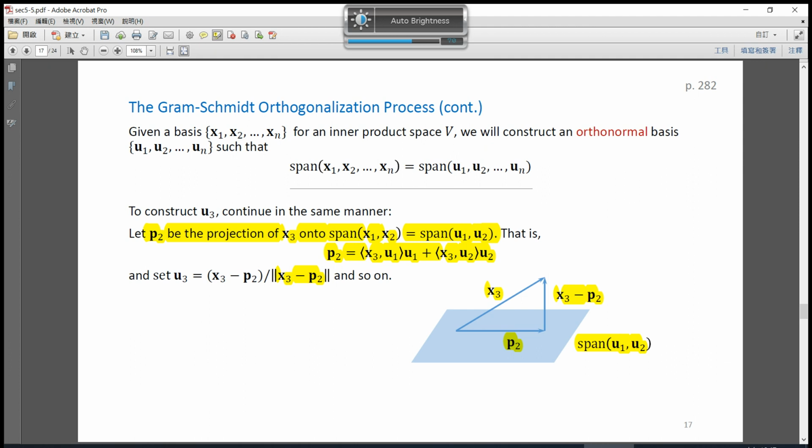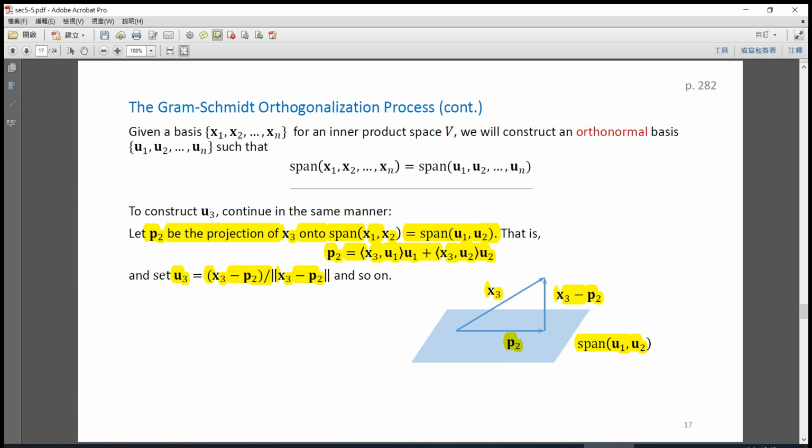Otherwise, this will contradict that the three vectors are linearly independent, and therefore x3 minus p2 is not the zero vector, and we can define u3 as x3 minus p2 divided by its norm, and continue in the same manner.